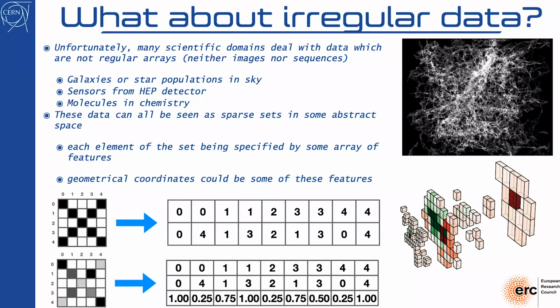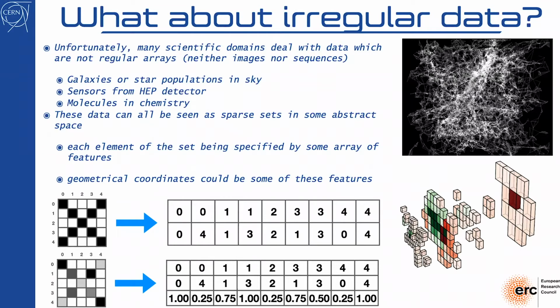But let's say that your data are just a set of items, and each item has its own set of features that characterizes it. A typical example: you could imagine galaxies or stars populating the sky. You could just take the full list of stars in the galaxy and label them with coordinates and velocity. That would be an irregular set of points.